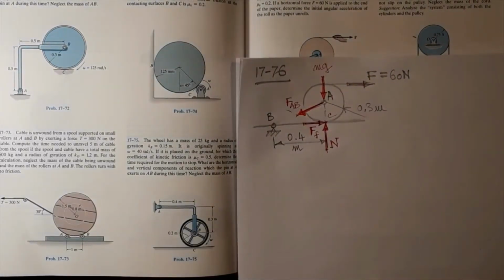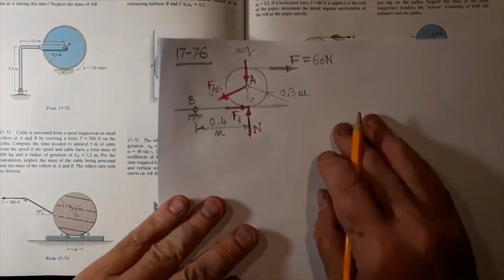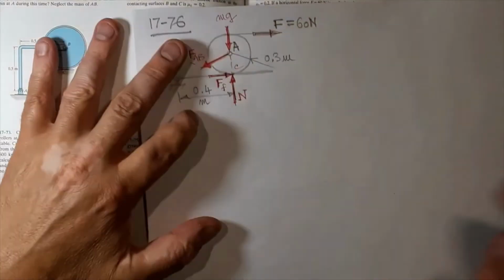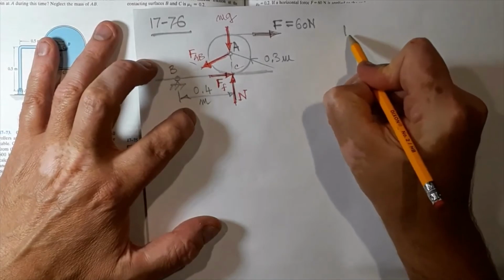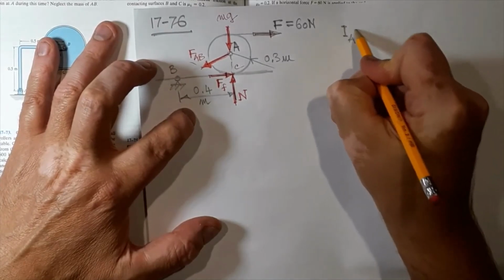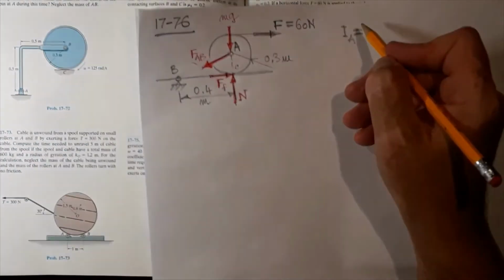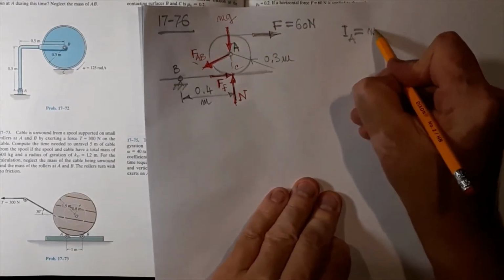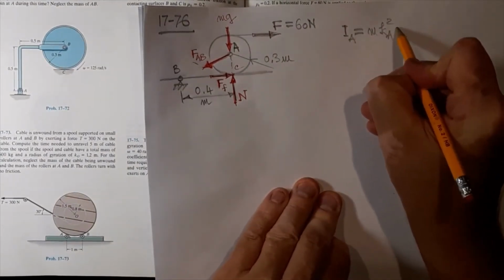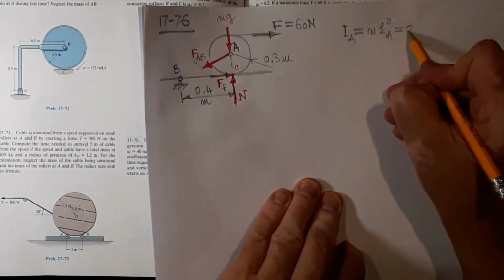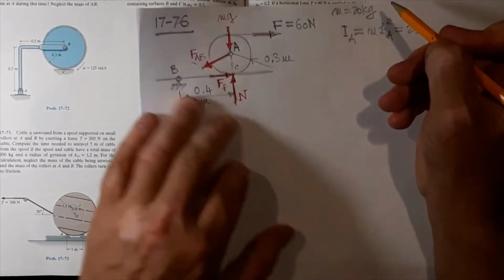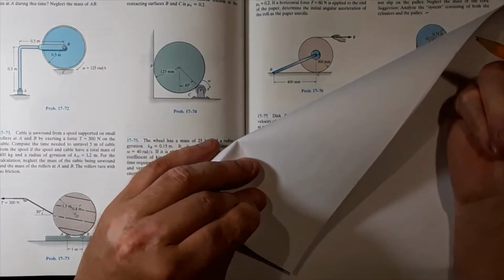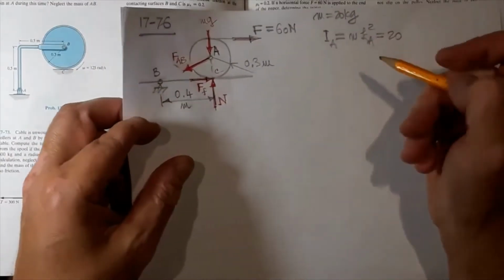Okay, so firstly, the radius of gyration of the mass being given, we can calculate the centroidal moment of inertia of the roll of paper. So it's going to be m k_G squared. We have the mass as 20 kilograms, and k_G was given as 120 millimeters, so in meters 0.12.